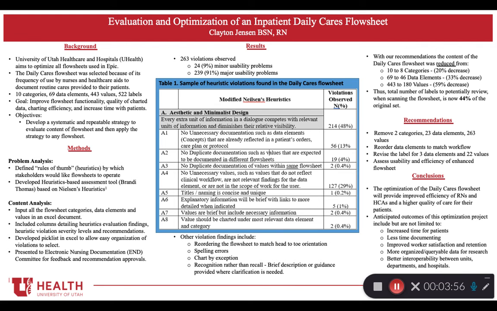A1 specifically refers to no unnecessary documentation, such as data elements that are already reflected in the patient's orders, care plan, or protocol. And A4 is no unnecessary values, such as values that do not reflect clinical workflow, are not relevant findings for the data element, or are not in the scope of work for the user.